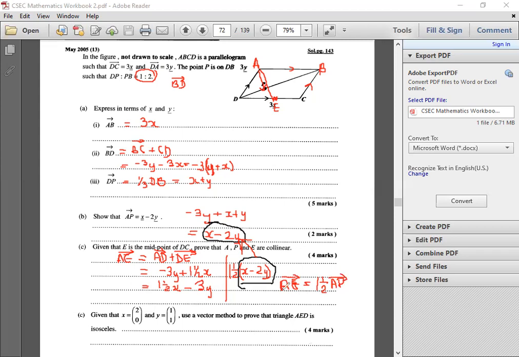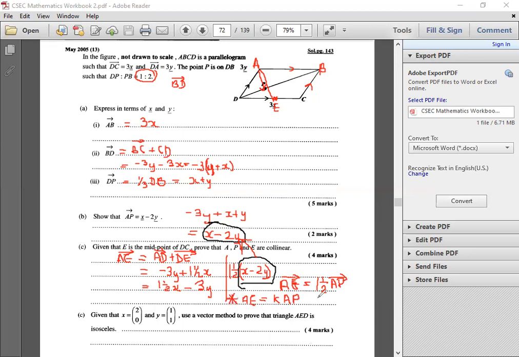All right, so vector AE is equal to 1.5 of AP. So the rule is this: AE must equal K, which is a scalar, times AP. That's the rule for collinearity.